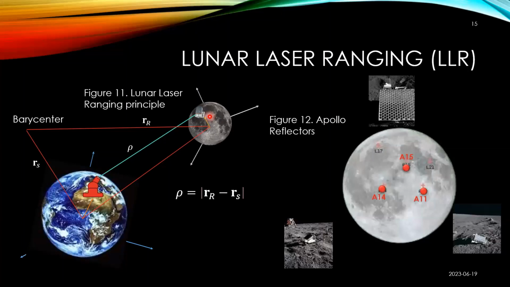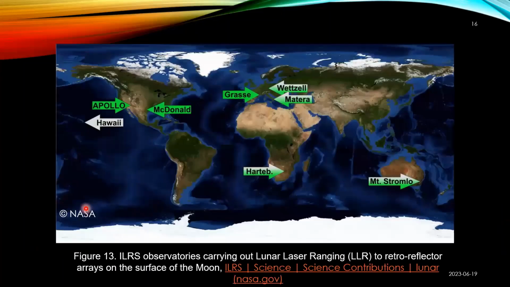These are the things that we can study, or the opposite. If that one is fixed, we can measure what is happening inside the surface of the Earth. Both are possible. And here you will see some stations in the world that do LLR.